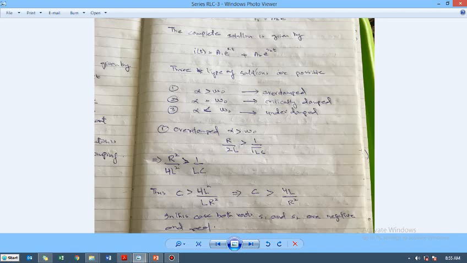So in this case of alpha greater than omega, the thing under the root, alpha square minus omega naught square, will be a positive thing, and its root will definitely be less than alpha, because omega is being subtracted from alpha. I'll show you again what I'm talking about.